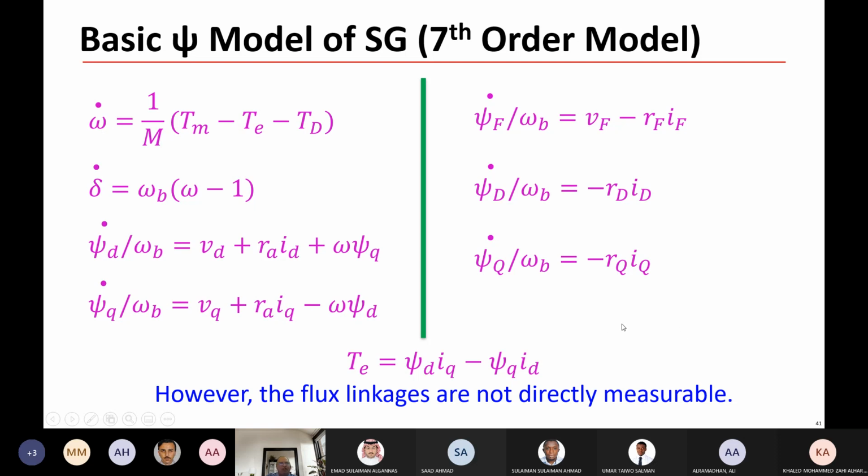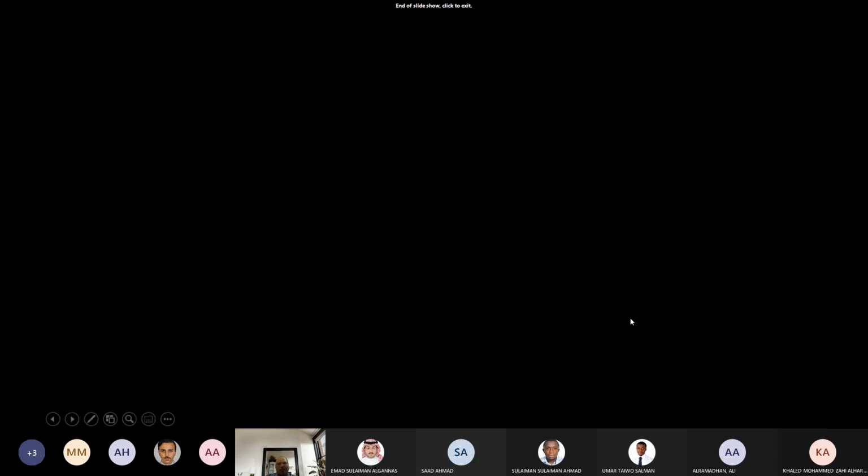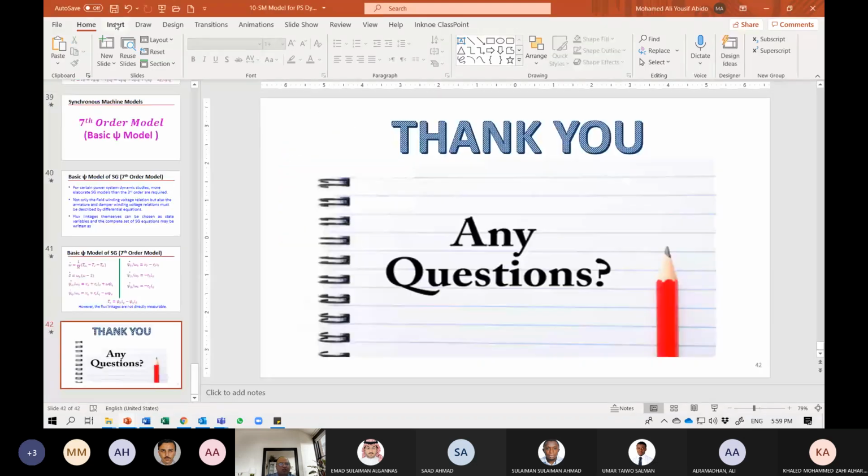But usually, this is not used extensively, especially in dynamic stability studies, where the third order or fourth order model are enough. So this finishes our handout for this part. Do you have any questions?